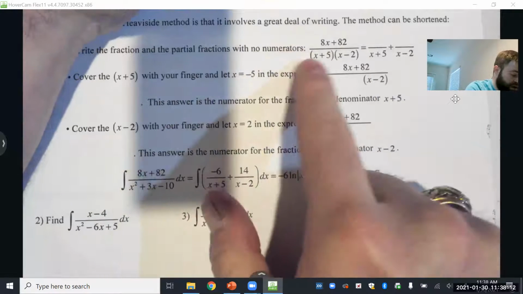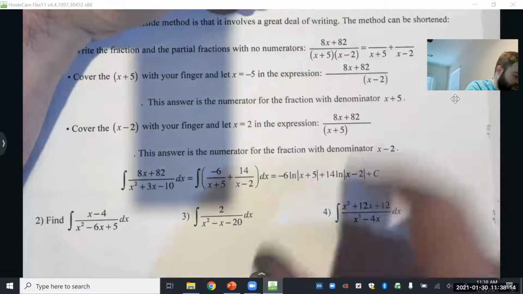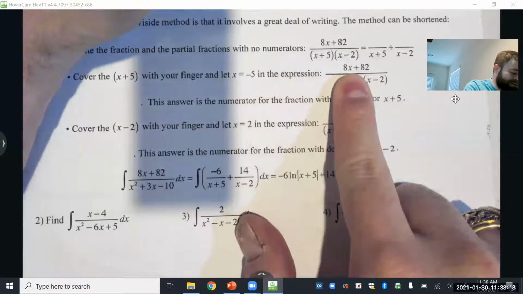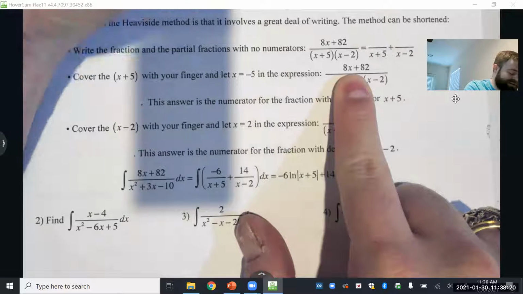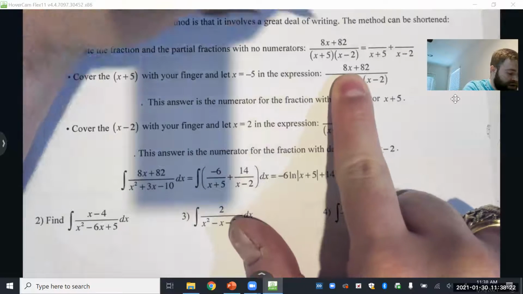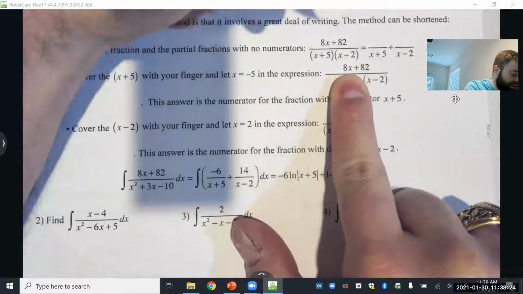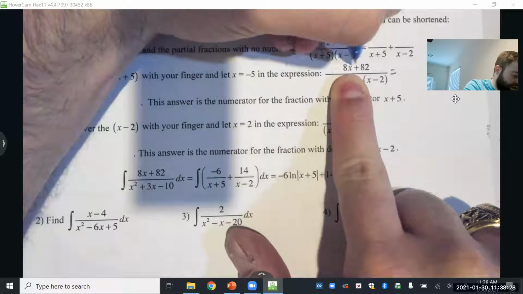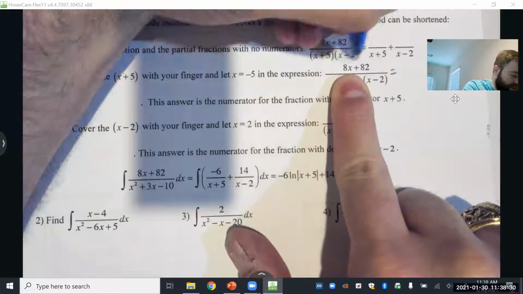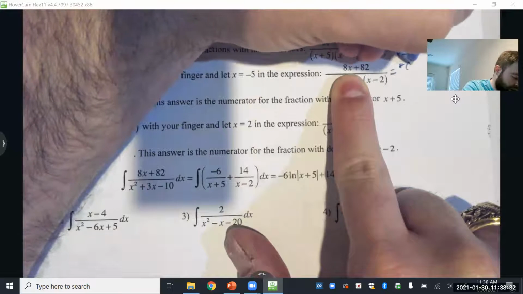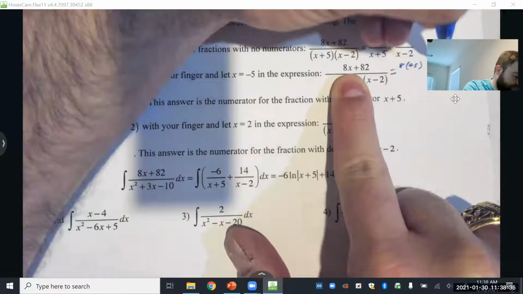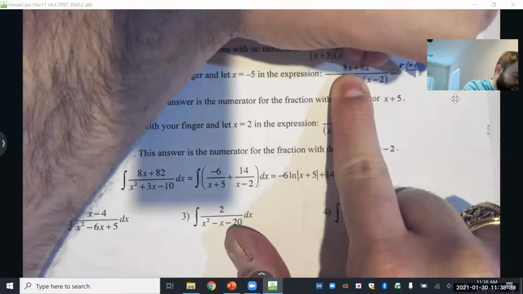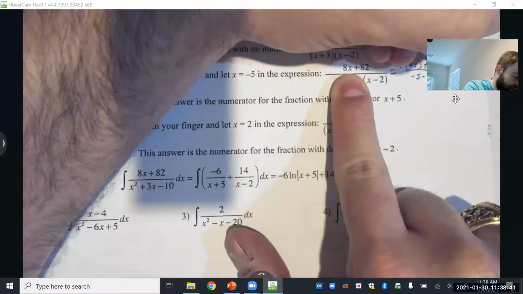On the left side, we're going to cover up the x plus 5, which ends up being that, and we're going to let x equal the negative 5. Similarly to what happened on the other side, we would get 8 times negative 5 plus 82 over negative 5 minus 2.